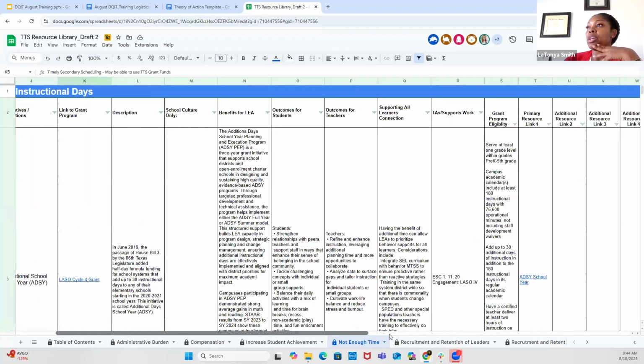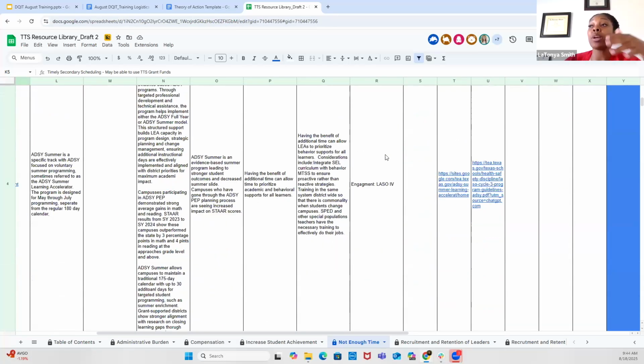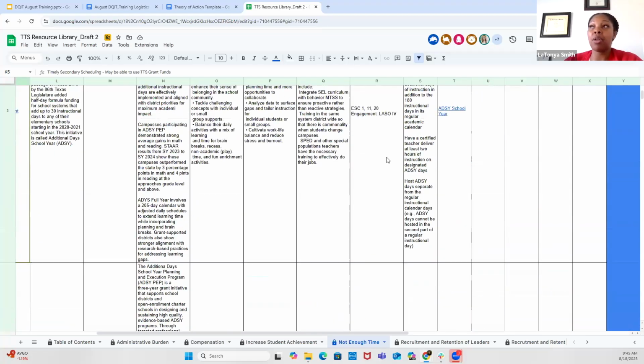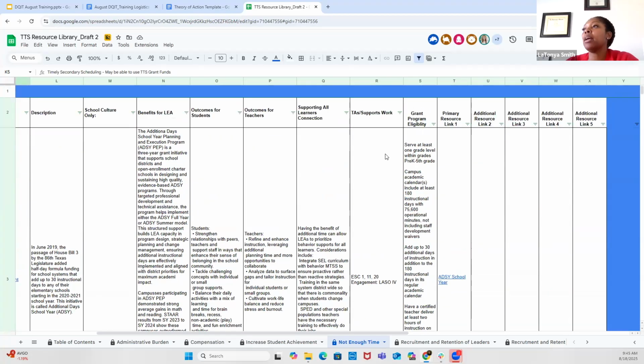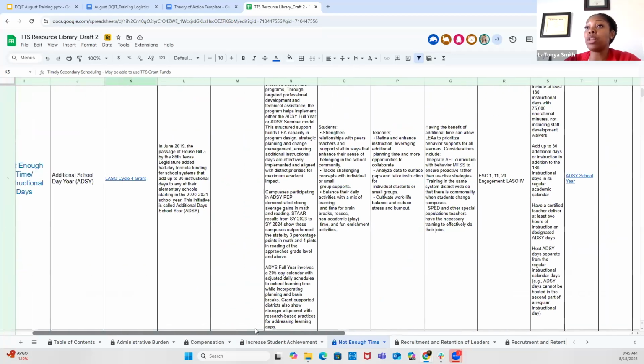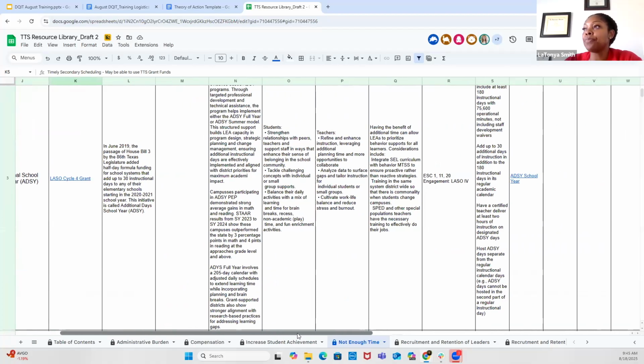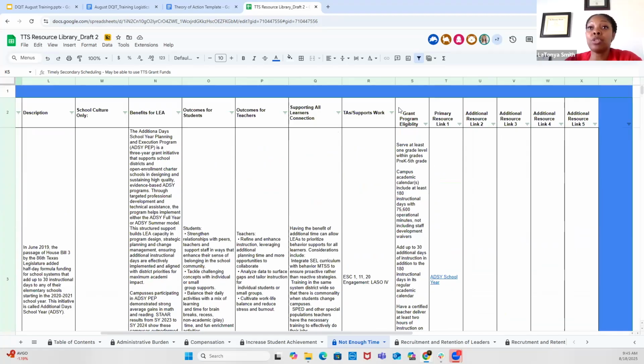There's also a column here that talks about TAs that support it sometimes, or organizations that support it. There may or may not be someone listed for that. Then grant eligibility. So if it is a grant, this column will tell you what you need to do to be eligible for that grant. Timely is not an example for that, but if you wanted to do additional school year, you could go to this column to see what you have to do to be eligible for that grant.